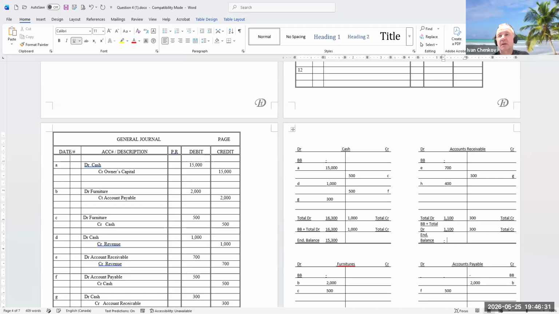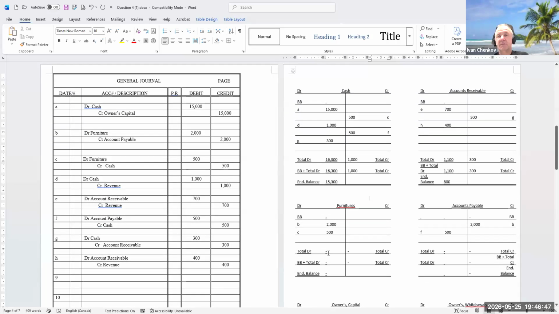So the ending balance in accounts receivables is $800. That means the client still owes us $800 for the service that we provided.